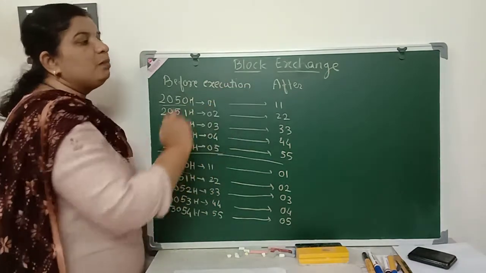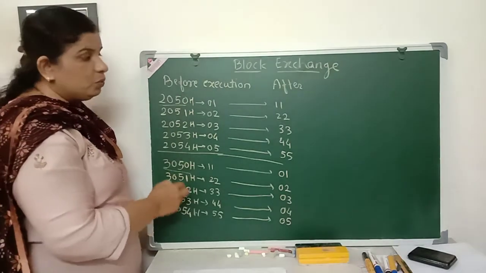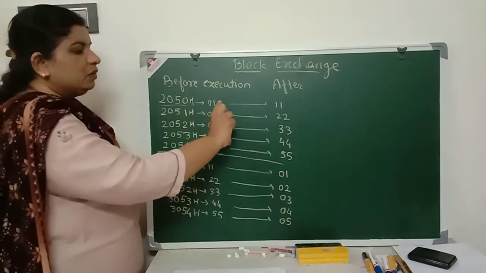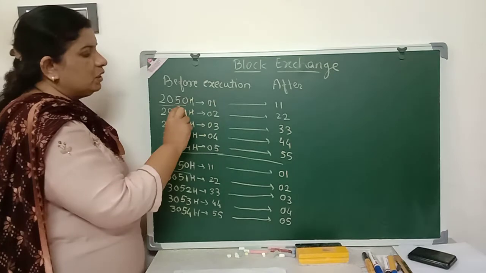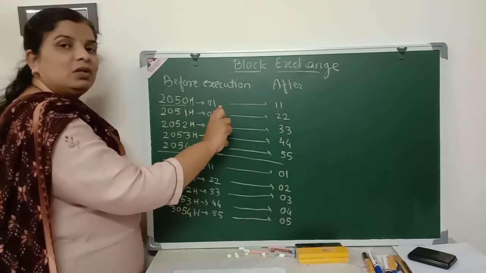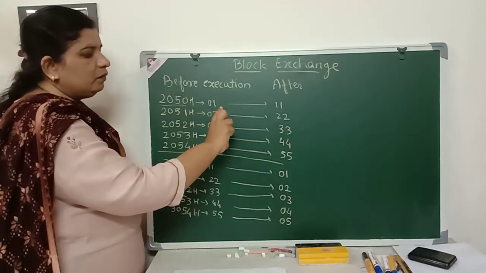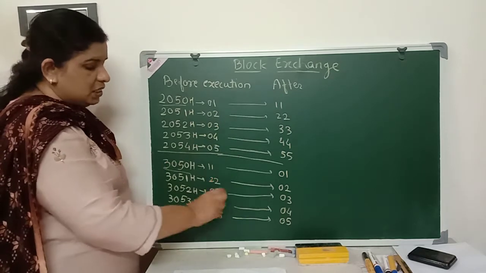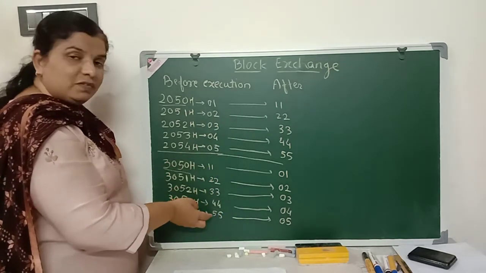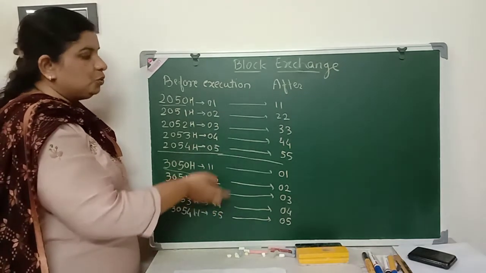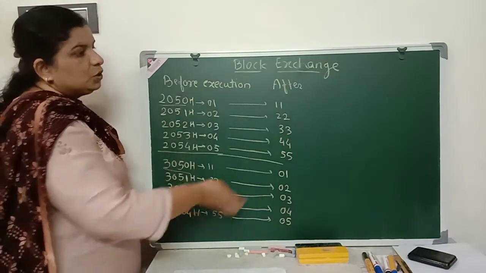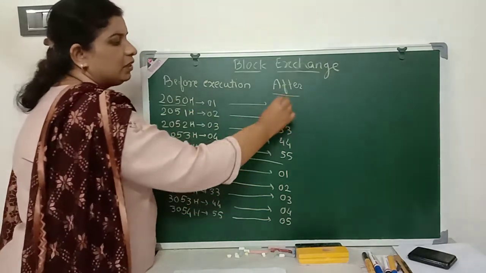So what do you mean by block exchange? What we need to do here is, whatever first 5 numbers we have stored from this location, we have to copy these numbers to these locations, and whatever data was previously present here has to be shifted to this block. So what we need after execution?